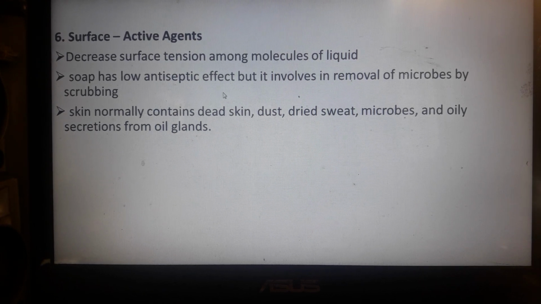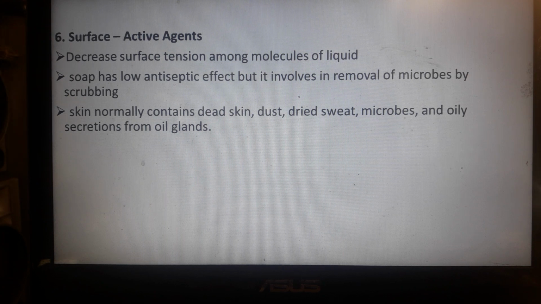Soap has low antiseptic effect, but it involves removal of microbes by scrubbing. That is why once manghugas ka ng plato, for example, there is what you call lowering of surface tension acted by the soap, then the bacteria are being washed away.